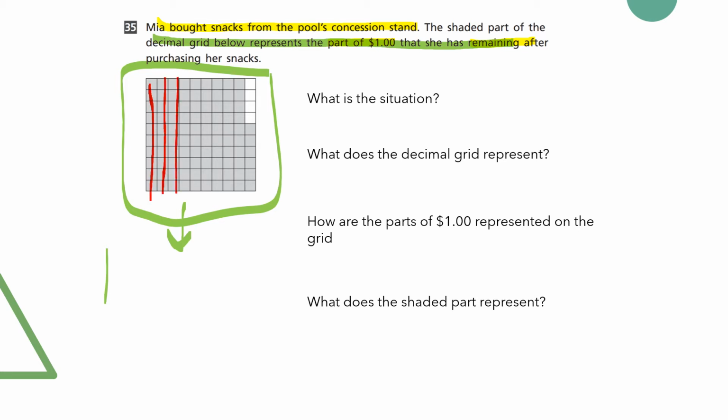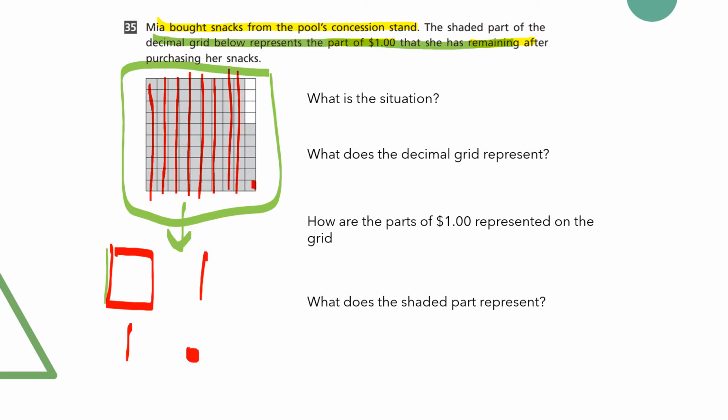But these tenths are divided even smaller. These tenths are divided into smaller squares. These smaller squares are hundredths. So this is our one whole, this is our tenth, and these little squares are worth 1/100th each.